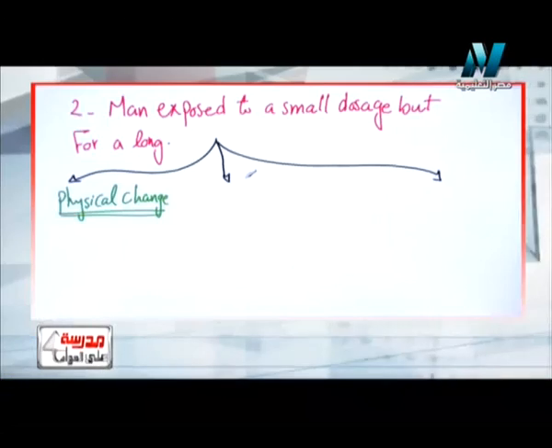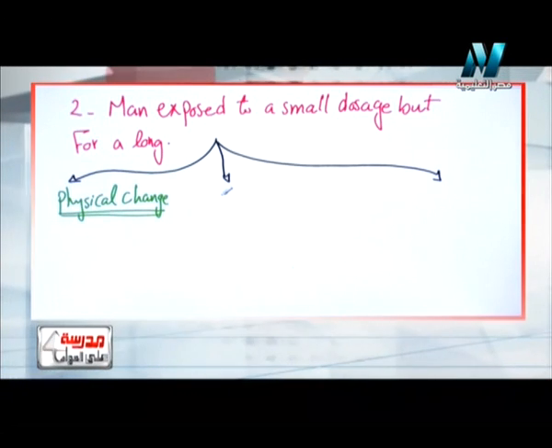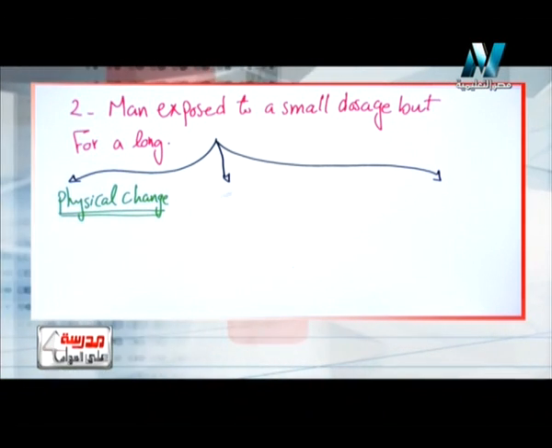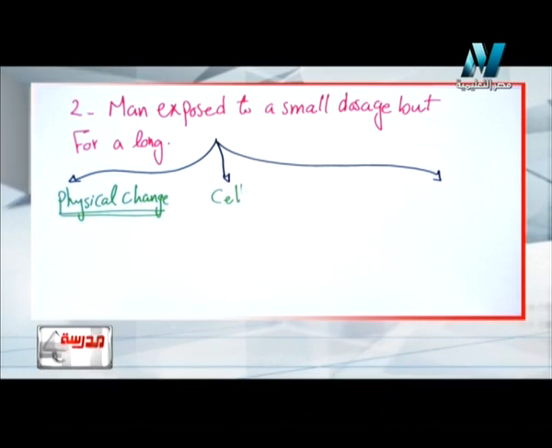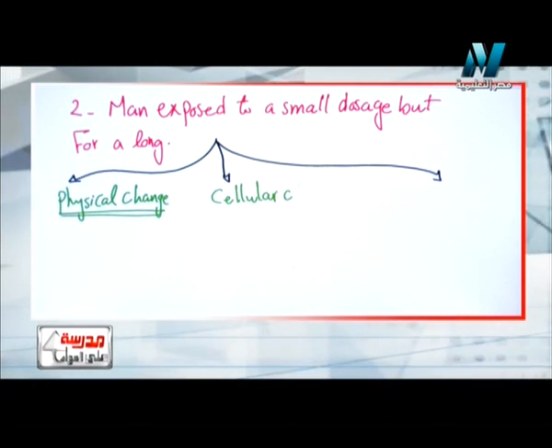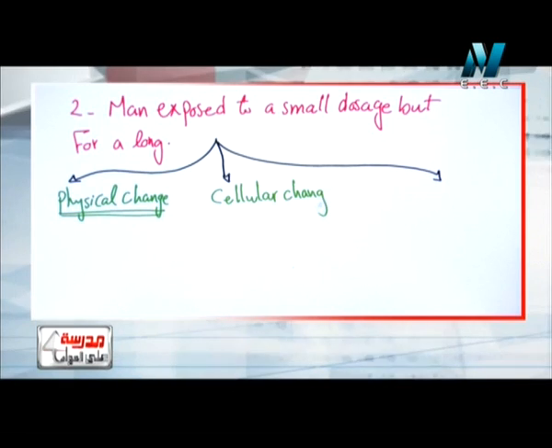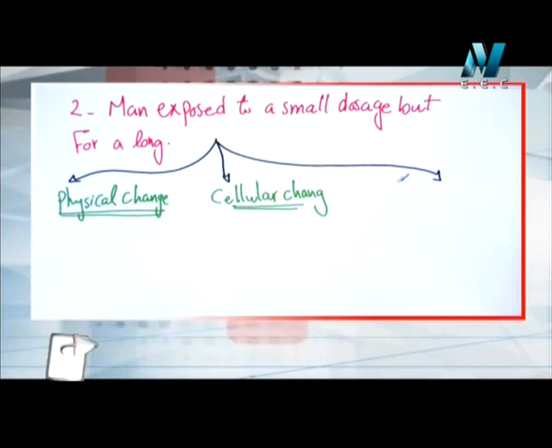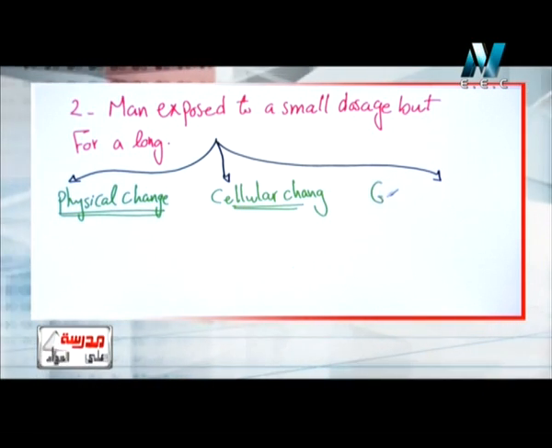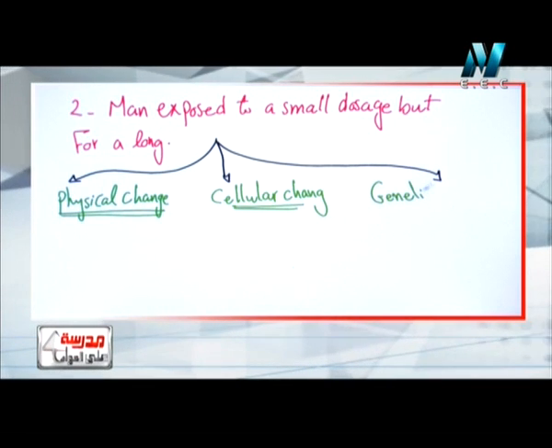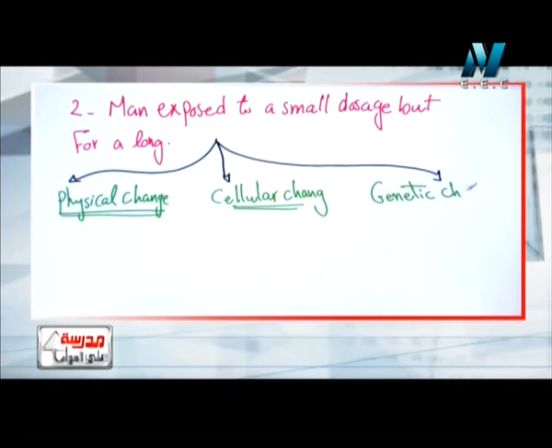Number one, physical change. Number two, cellular change, and number three, genetic change.